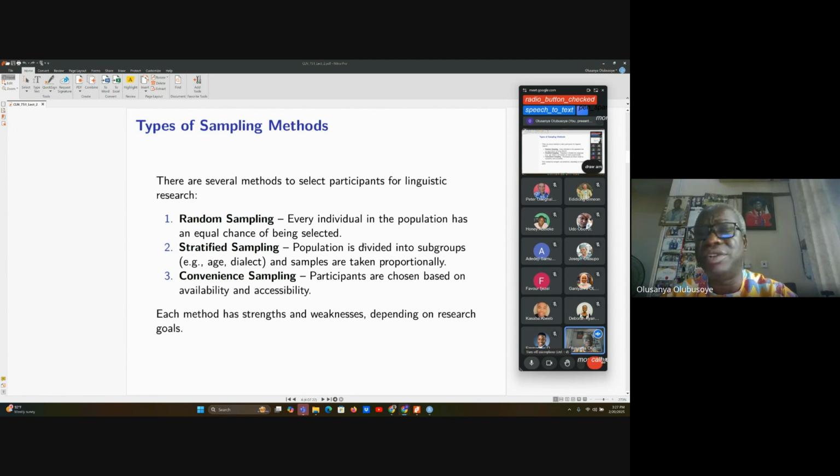Well, I can tell you the other ones that are not listed here. As I said earlier, the techniques are grouped into two: the probability sampling methods and the non-probability sampling methods, or the random sampling methods and the non-random sampling methods.